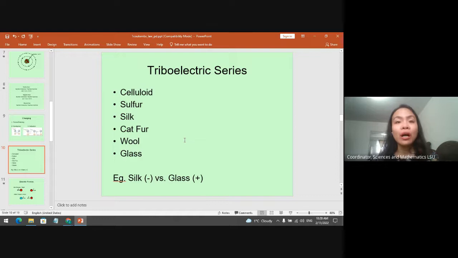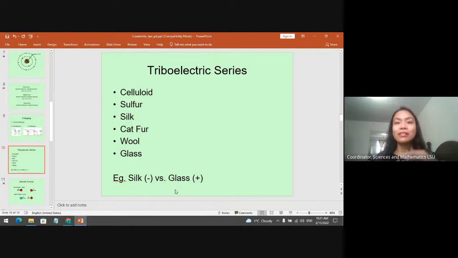You have the references in your module, so you may take a look at the other materials there. Again, going up in this series, it becomes negative because of the electron affinity, and going down the series, it becomes positive. Say for example, you are going to rub silk and glass together.